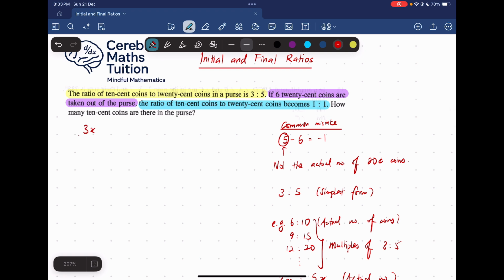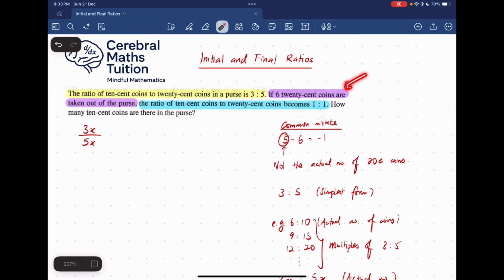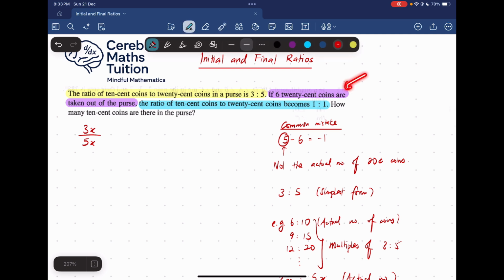We'll start with 3x to 5x. This is a ratio of the actual number of 10-cent to 20-cent coins, just written in a fractional format. Looking at the purple piece of information, 6 20-cent coins are taken out of the purse. We're going to subtract 6 from 5x while maintaining the fractional ratio format.